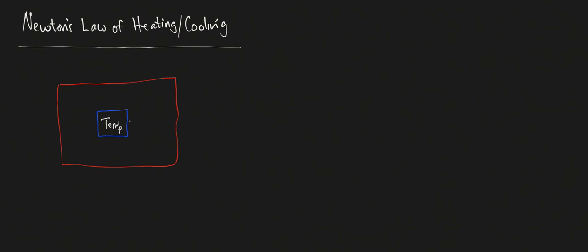Well, the moment I put this cooler object in a warmer environment, the temperature will increase. And similarly, if I have a colder environment and I put a warmer object in that environment, then its temperature will decrease.